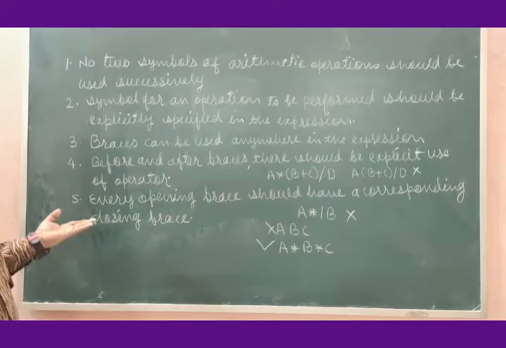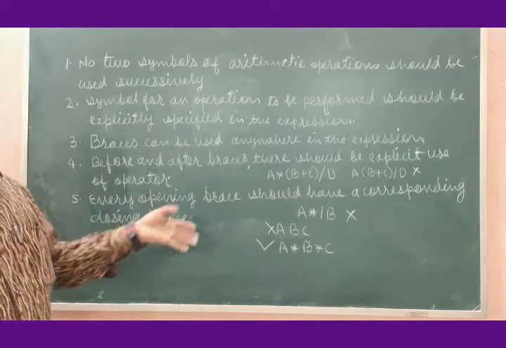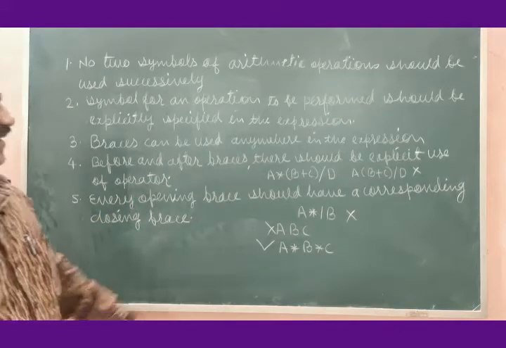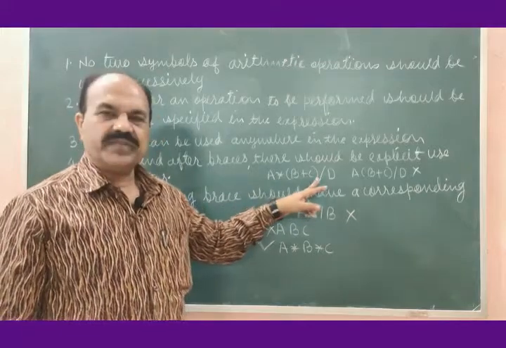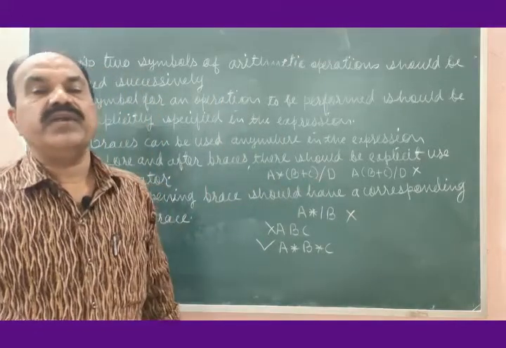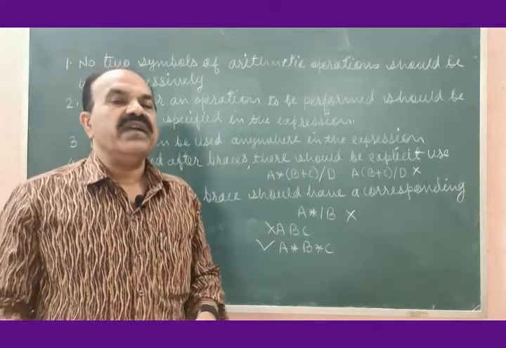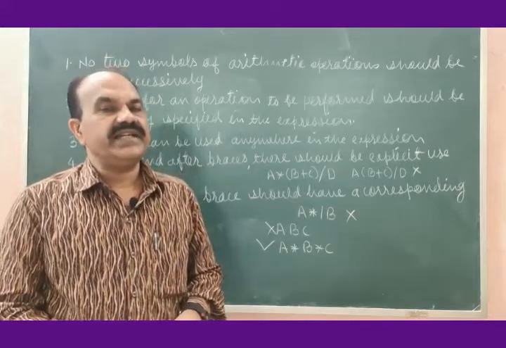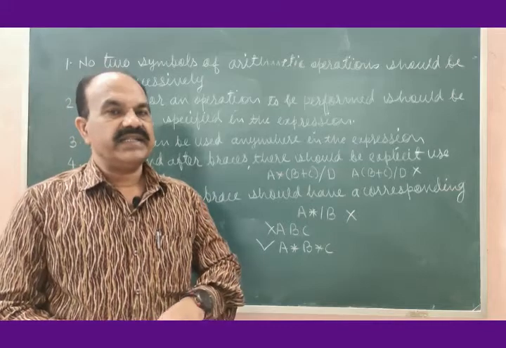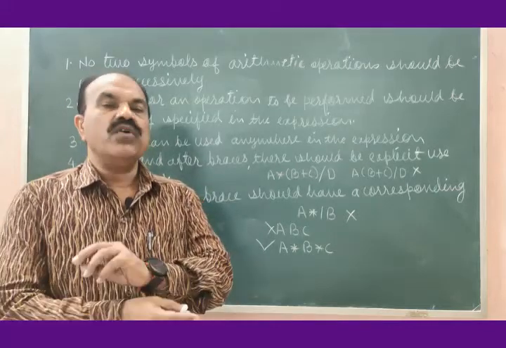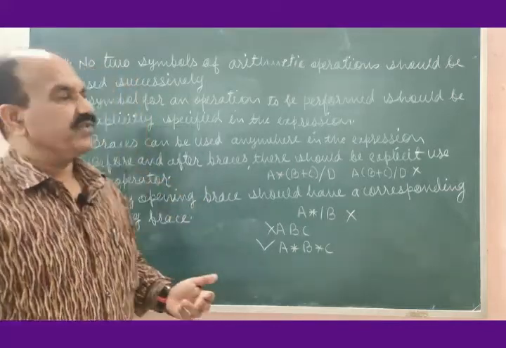So this way of writing the arithmetic expression is wrong. And what is the last one? Every opening brace should have a corresponding closing brace. Opening brace, closing brace. So these 5 rules are to be always observed while writing arithmetic expressions in the Fortran language.